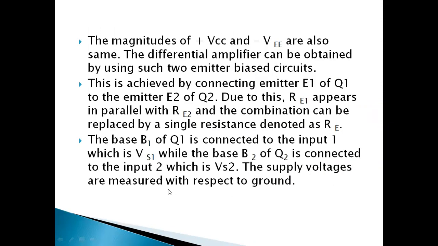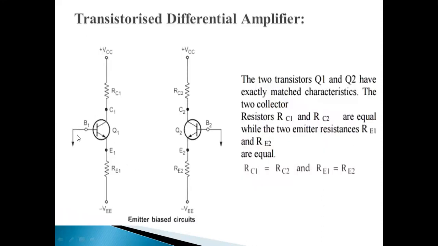Next, base B1 of Q1 is connected to the input of the first transistor, and base B2 of Q2 is connected to the second input. So the supply voltage VS1 is connected to base B1, and the supply voltage VS2 is connected to base B2.